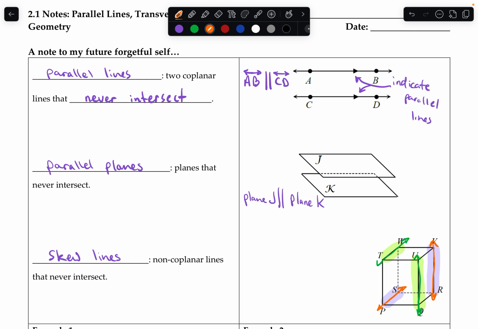Some other examples, and I guess I could do this across any corner in any opposite part on the top or the bottom. And I'll tell you what, TW and VR are also skew. And SP and UQ, I believe that's a Q, yeah, are also skew. So I actually have several examples of skew lines here. They're lines that are going in different directions on different planes and never actually crossing.